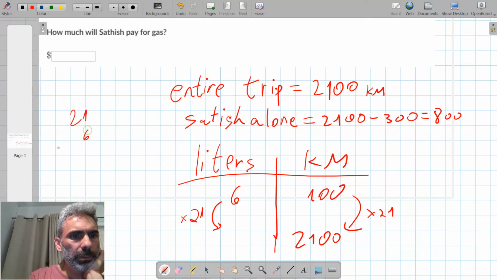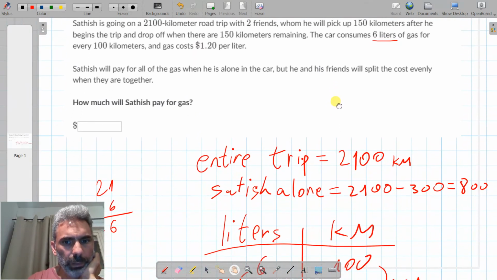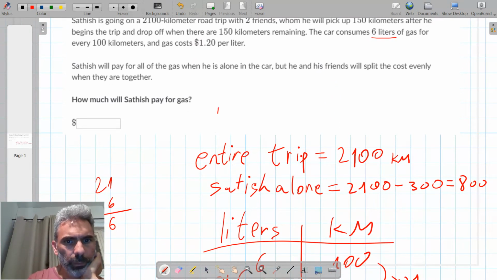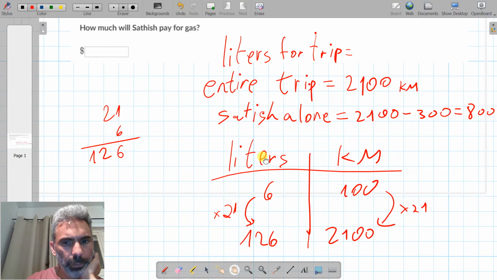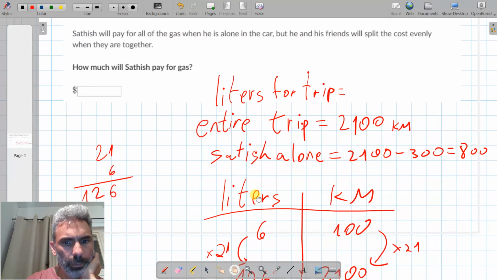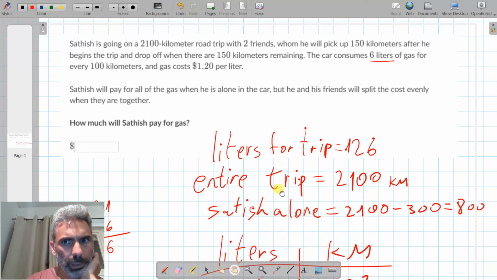So 21 times 6 is 126 liters for the entire trip.